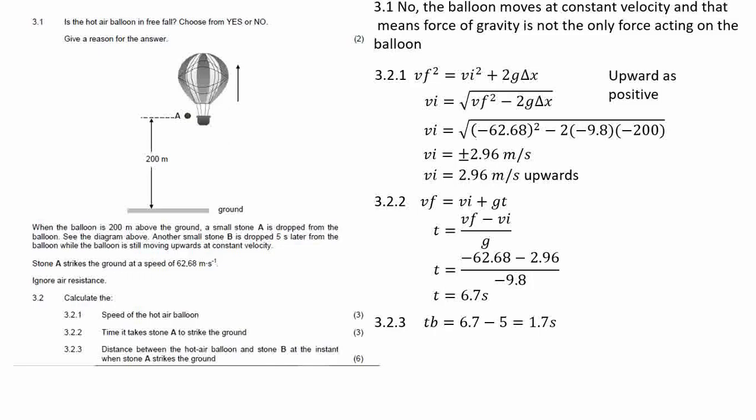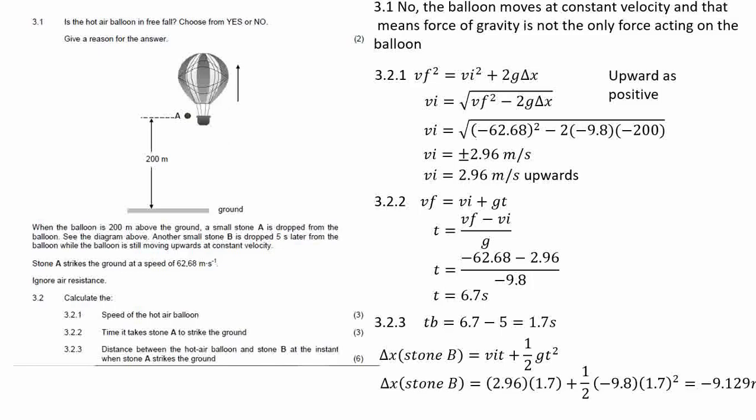Then we'll calculate the distance for stone B using the formula: distance equals V initial times time plus half g t squared.